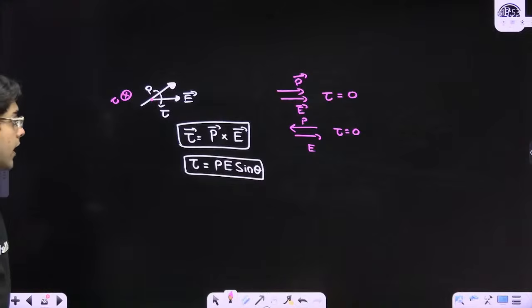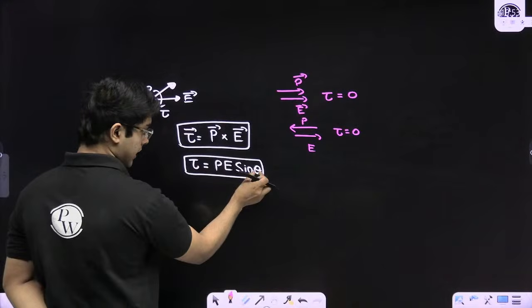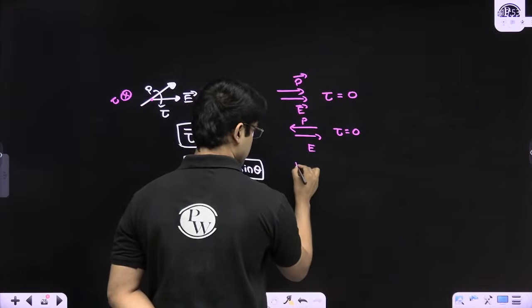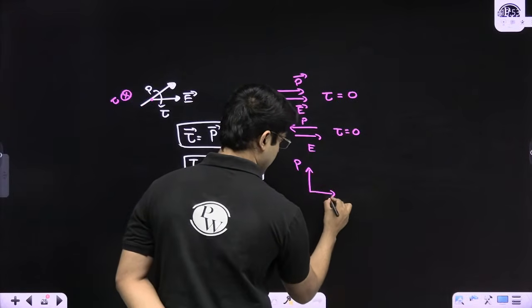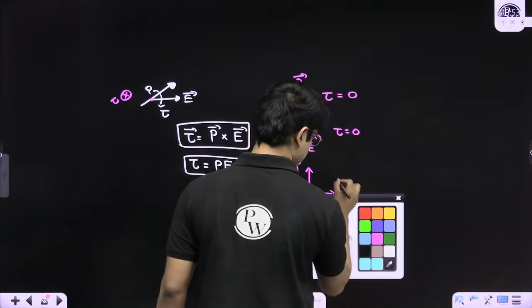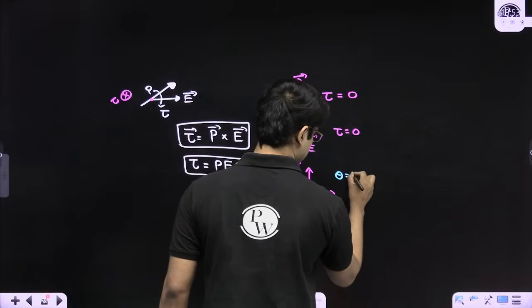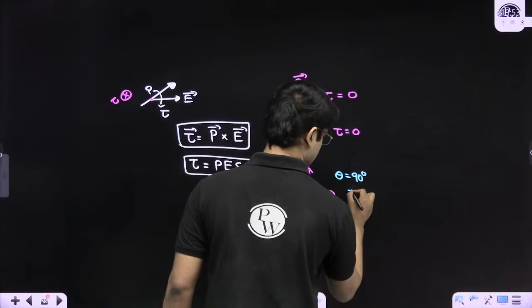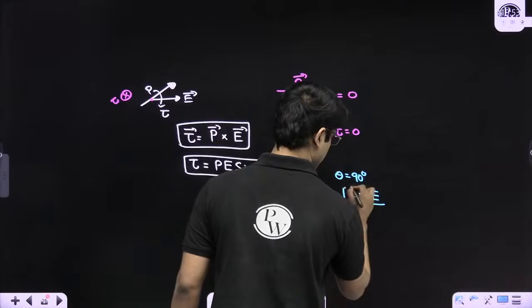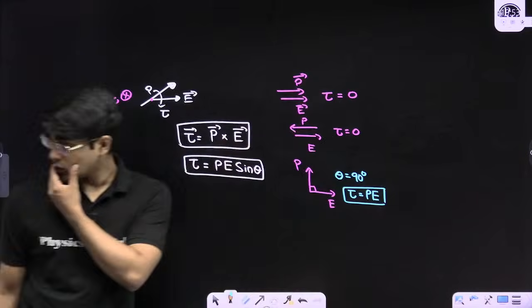And torque is maximum when theta is 90 degrees, right? So when the dipole moment and the electric field are perpendicular to each other, this is when torque is maximum, which is equal to P into E. Okay, this is when the torque is maximum.